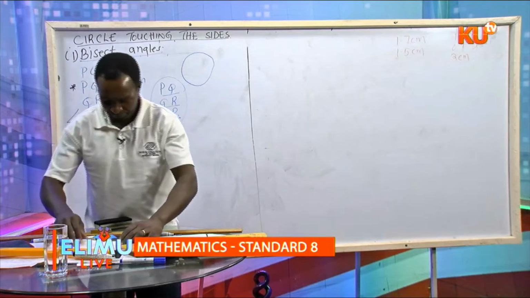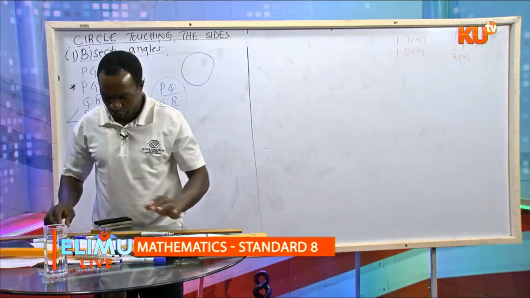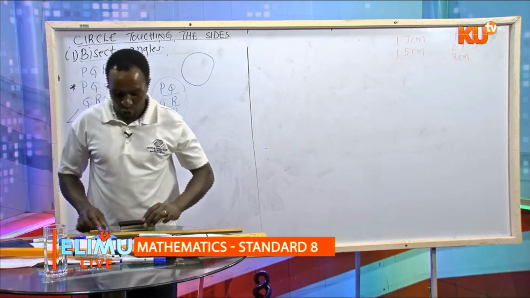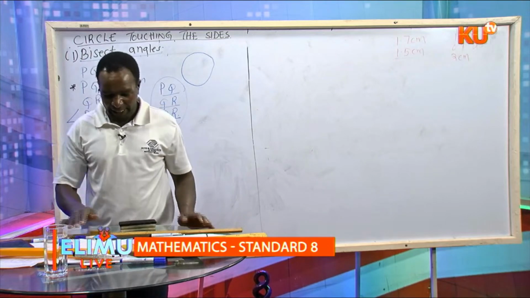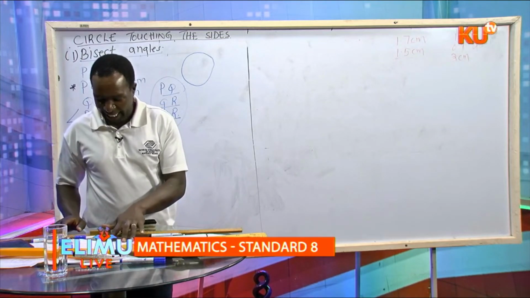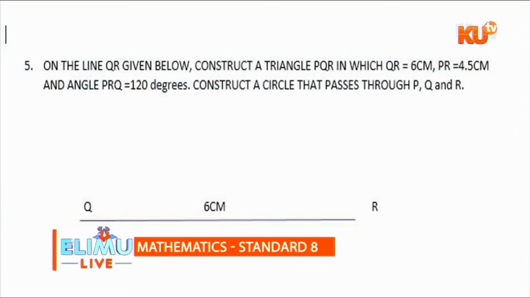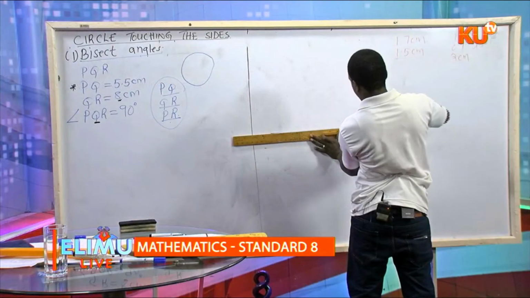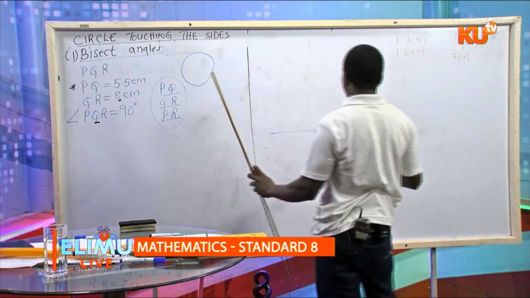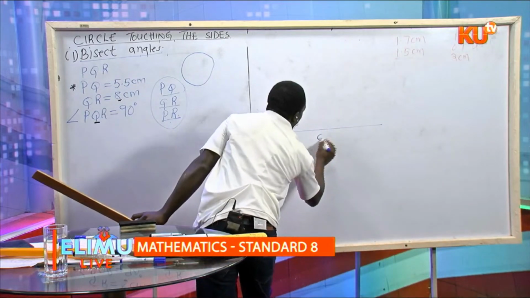On this one, I would like you to try it there at home. That is, the line given there is just a line drawn. And then you're told that line is 6 centimeters.